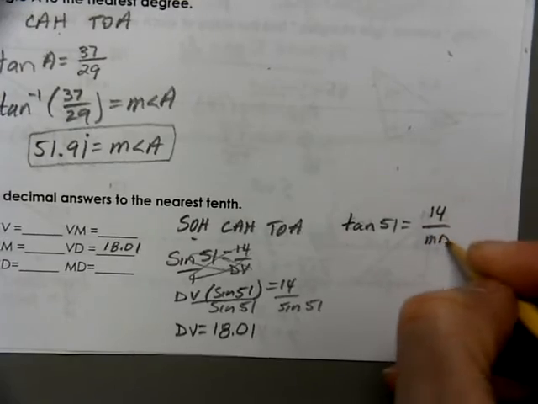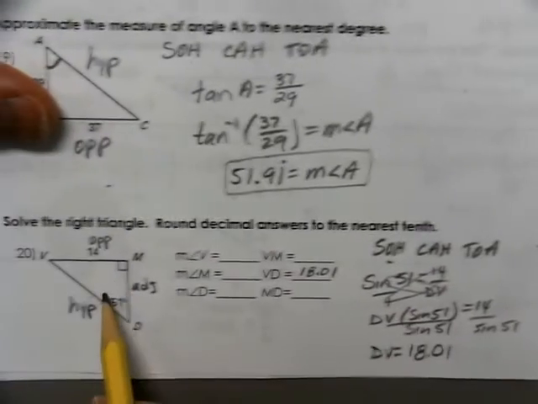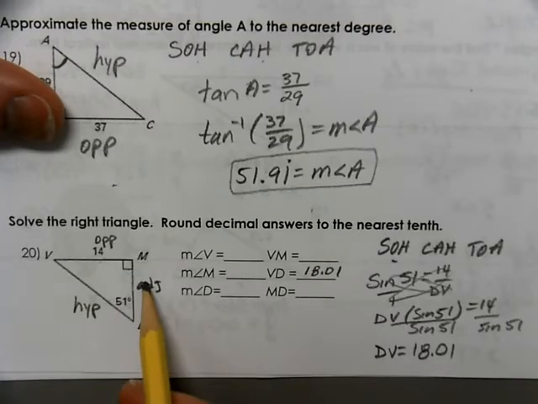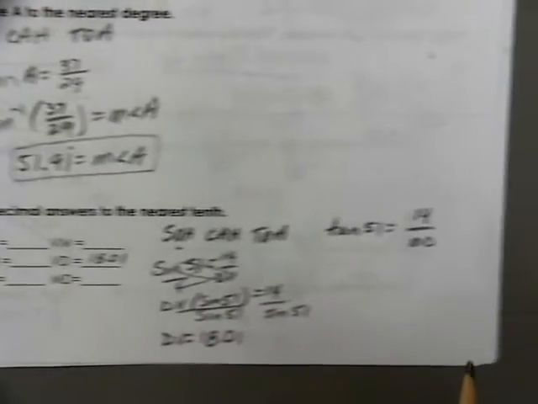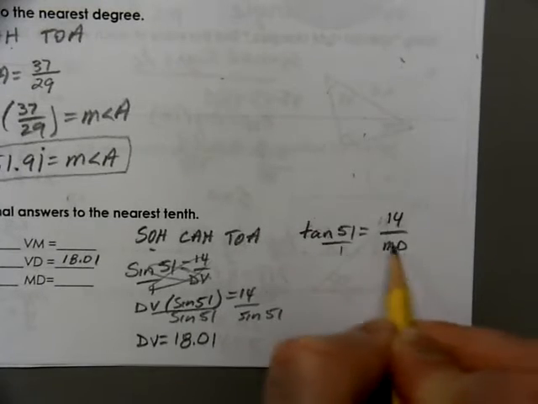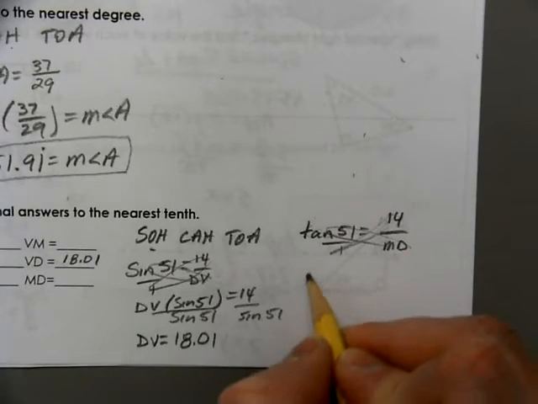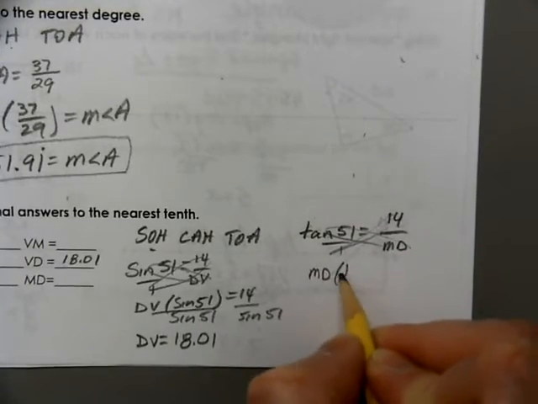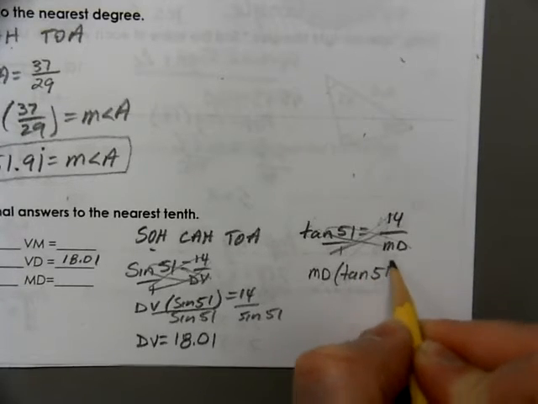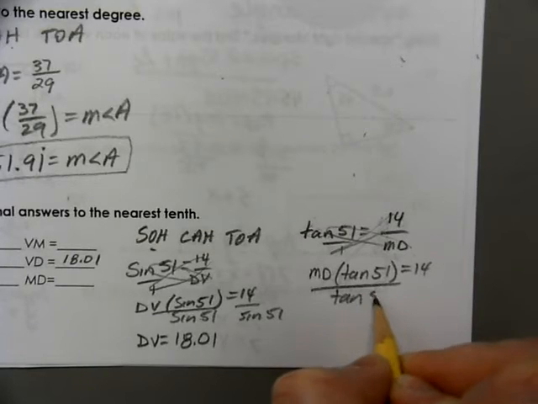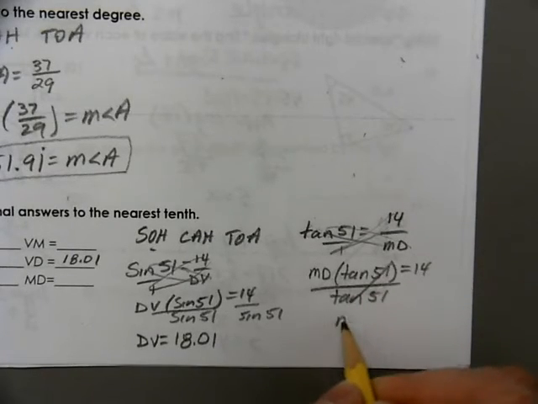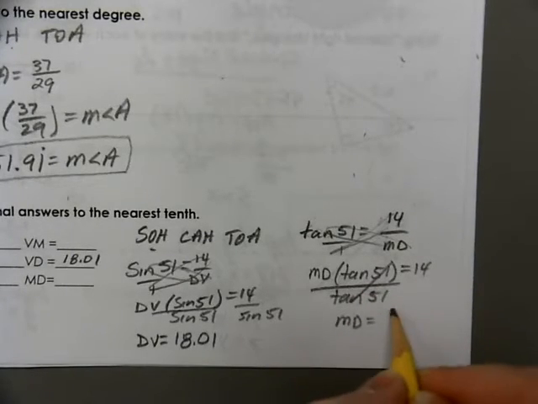14 over MD. Opposite over adjacent is tangent. Place it over 1 and cross multiply. MD times the tangent of 51 equals 14. Divide by the tangent of 51 because we want to figure out what MD is all by itself.